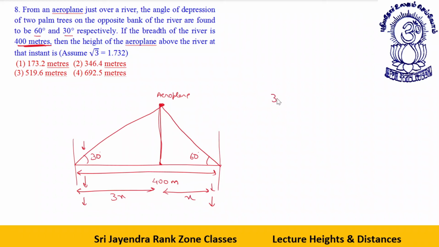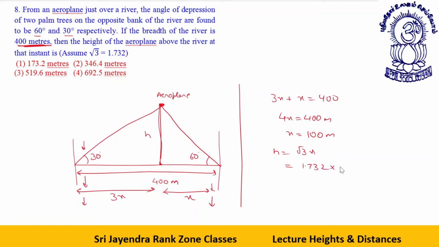So we can say 3x plus x is equal to 400. 4x is equal to 400 meters, x is equal to 100 meters. The height of the aeroplane, h, is root 3 x, or 1.732 into 100, that is 173.2 meters. This is your answer. You can have a look over this question before I take the next one.